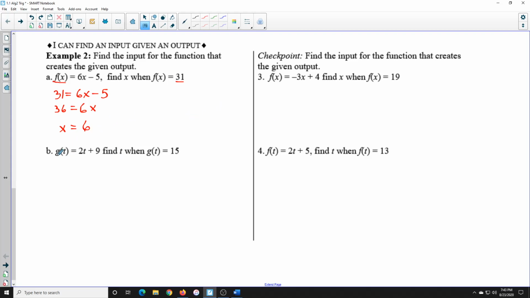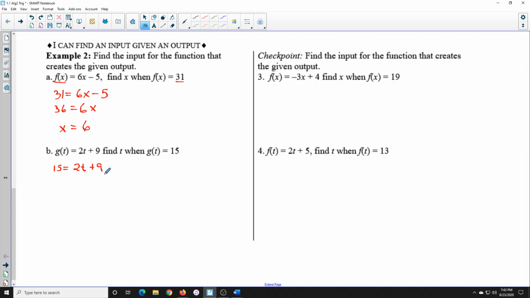And then b, g of t equals 2t plus 9. Find t when g of t equals 15. So same thing we did up here in a. We're going to take 15, and we're going to replace g of t with it. So 15 equals 2t plus 9.